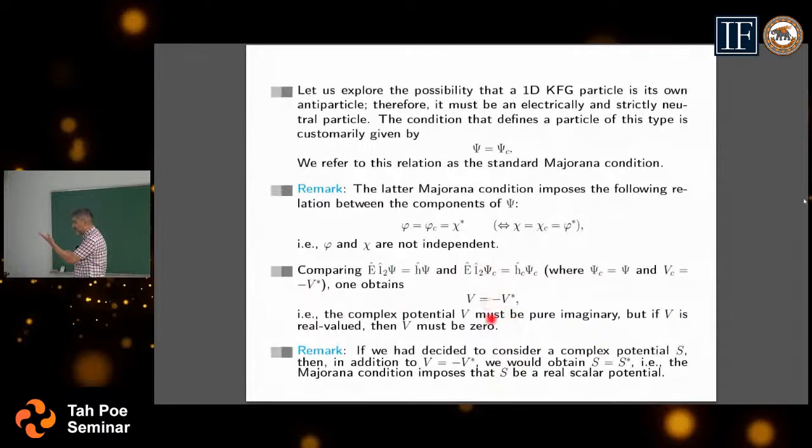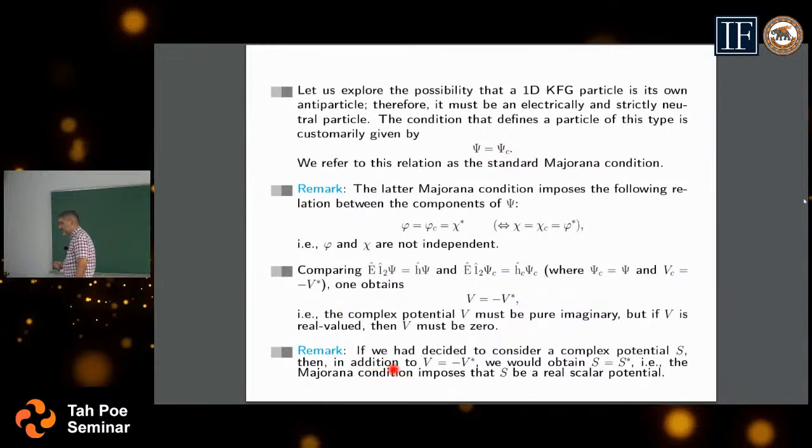Okay, this is the truth. So this is consistent with the hypothesis that the solutions of the Klein-Fock-Gordon equation are real. But if V is real, V is zero. So you cannot have a potential here giving us a real solution of the standard wave equation. So it's totally consistent.